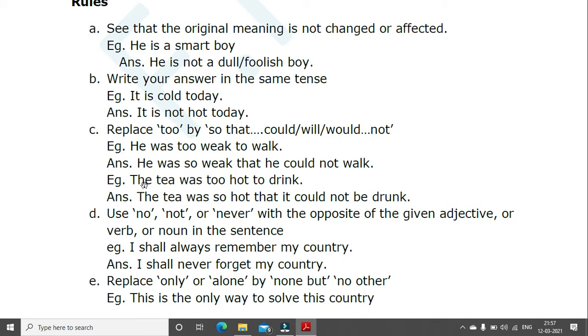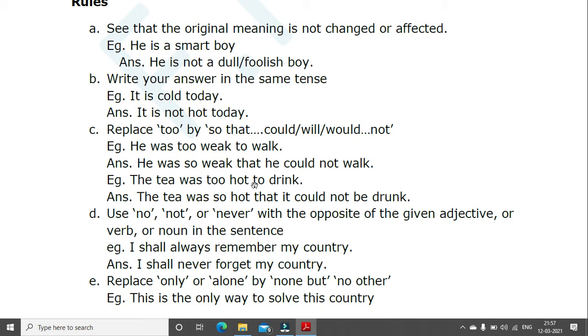Next one, the tea was too hot to drink. So the tea was, you'll remove the too and put so hot that. So weak that, so hot that, instead of too.